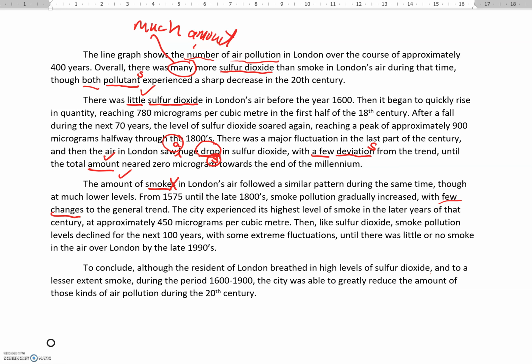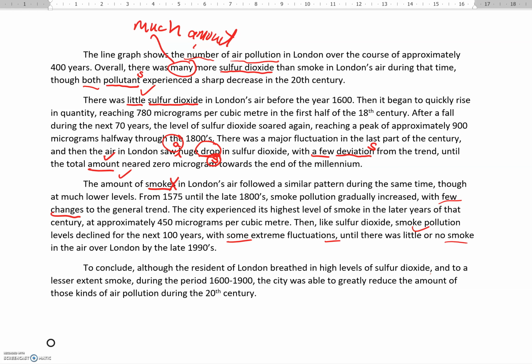Then, like sulfur dioxide, smoke pollution levels declined for the next 100 years, with some extreme fluctuations, good, some, plural, yeah, until there was little or no smoke, so smoke is non-count, little is good, in the air over London by the late 1990s.